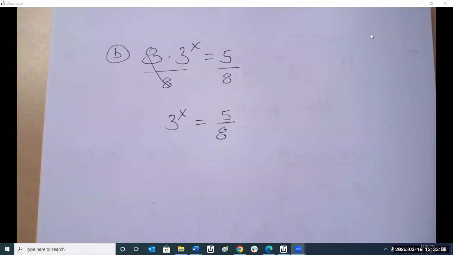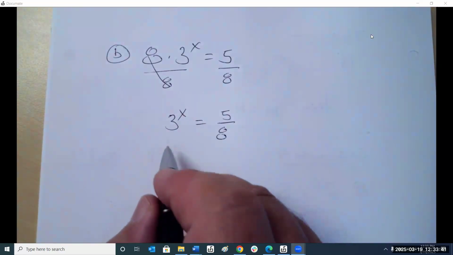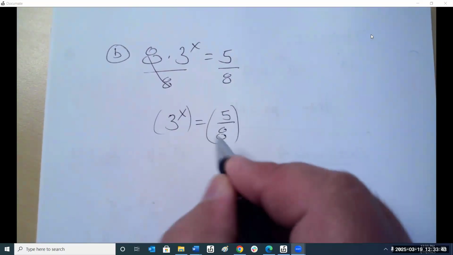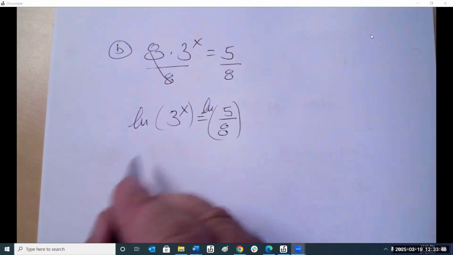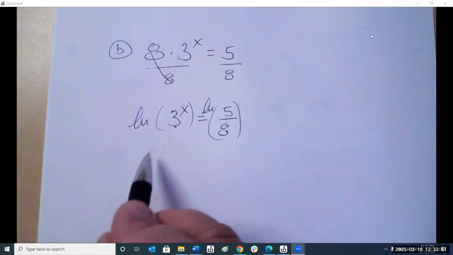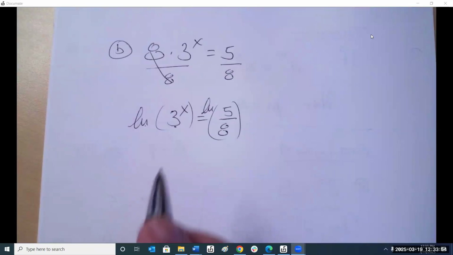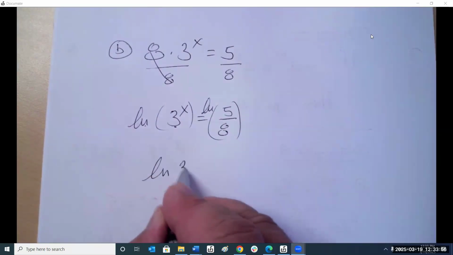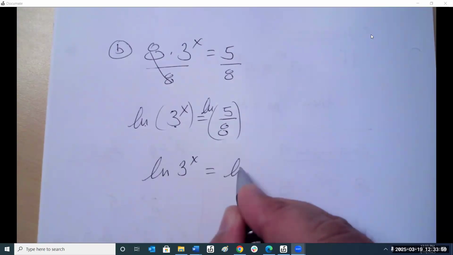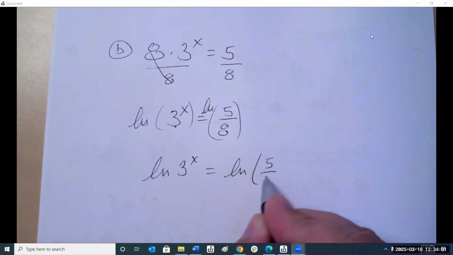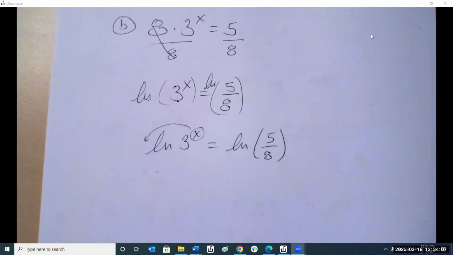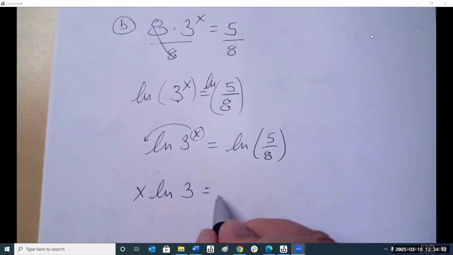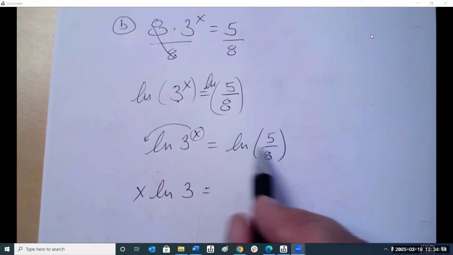Now, what we can do is let's take the ln of both sides. What's going to happen on the left side? If we take the ln of 3 to the power x, this exponent goes out in front. What happens here? How can I expand this?